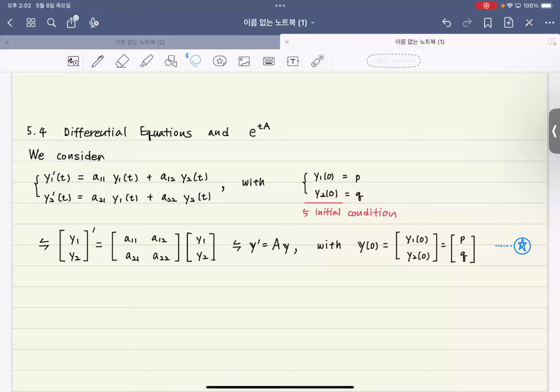The derivative of y1 is some constant times y1 plus another constant times y2, and the derivative of y2 is the same kind of expression. The rates of change of y1 and y2 are intertwined with each other, and we want to find the functions y1 and y2 satisfying these two conditions.